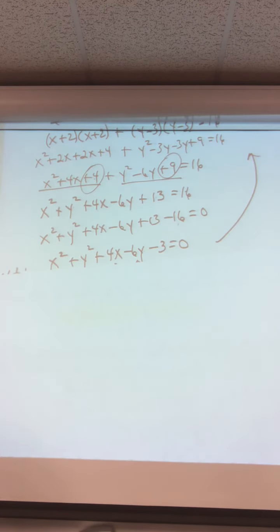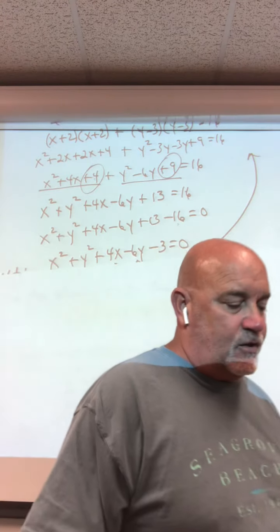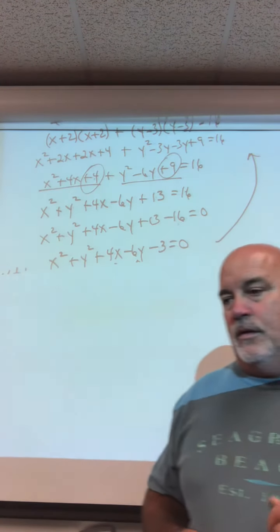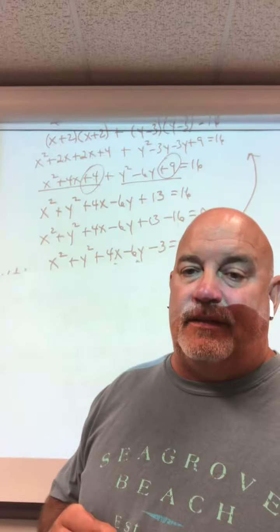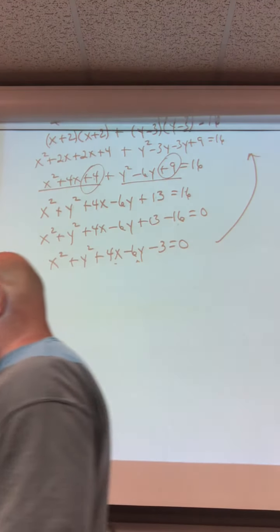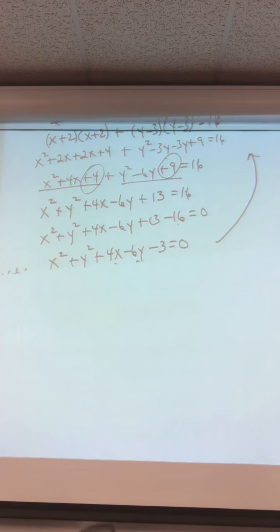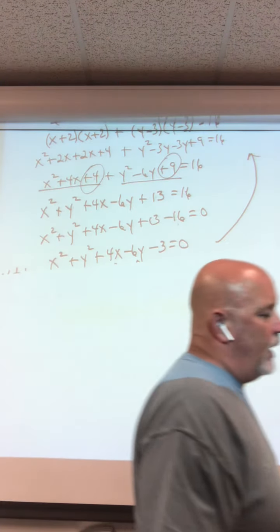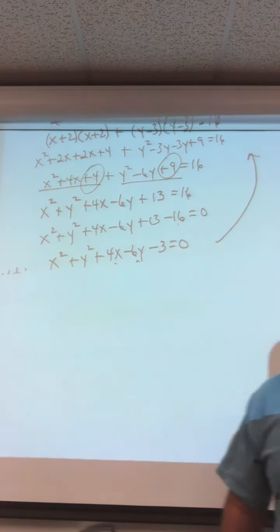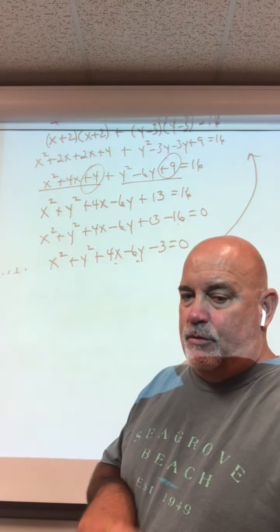If we have the equation of a circle that is not in center radius form, we can put it in center radius form by completing the square on one or both variables.